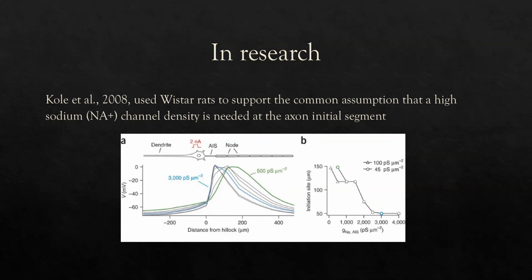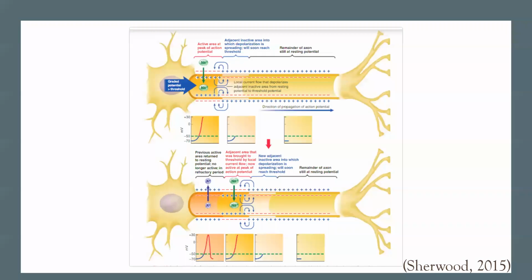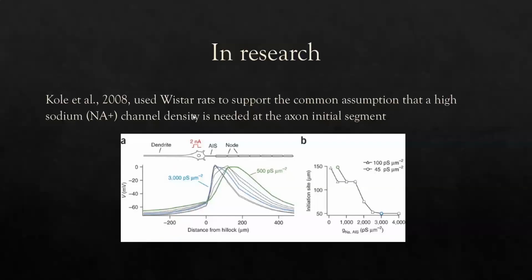So specifically, there is a higher density of these channels at the AIS compared to the soma and proximal dendrites. So at this portion, there is an increased amount of sodium channels.